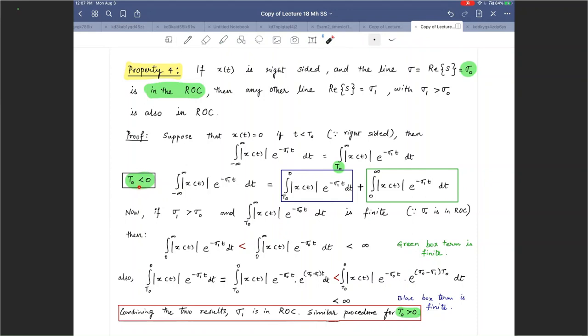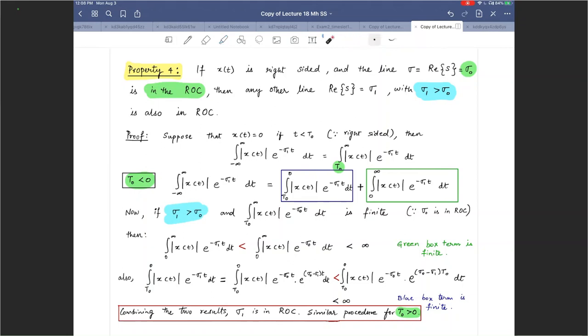T sub 0 is less than 0, so I can break this up into t sub 0 to 0 and 0 to infinity. I'm writing that integration into two integrals. One is boxed in blue and one is boxed in green. So in order for the entire thing to converge, both the blue and the green have to converge. If sigma 1 is greater than sigma 0, that's the assumption that we are making here.